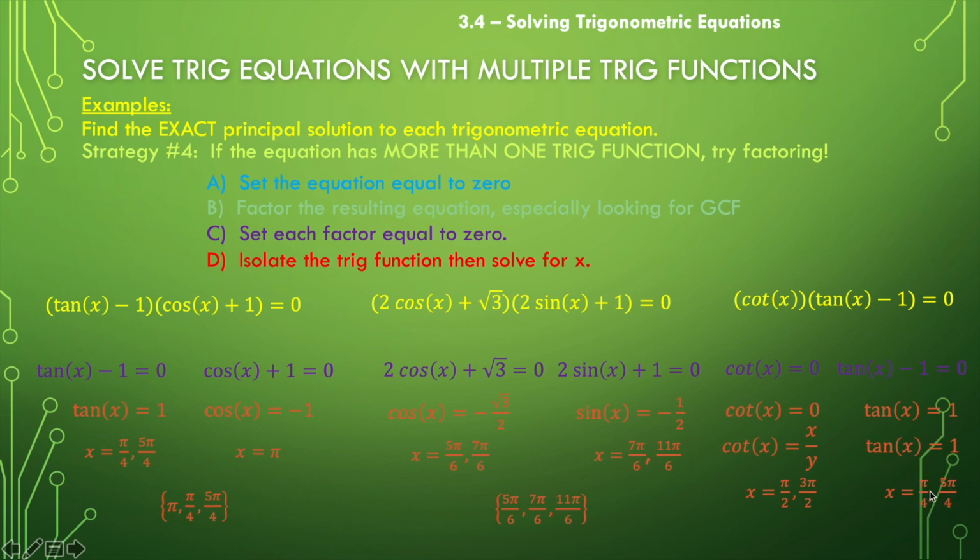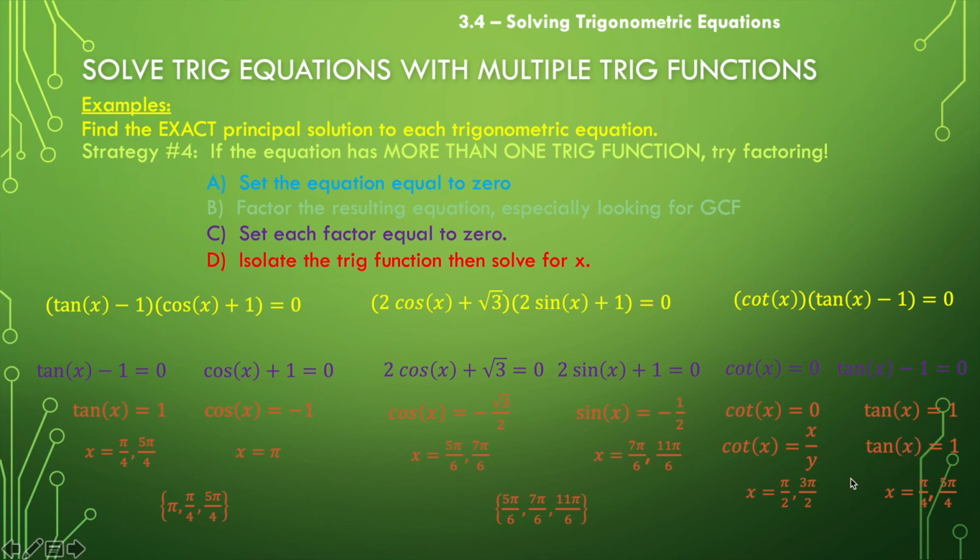Now let's consider tangent of pi over 2. At pi over 2, our coordinate is going to be (0, 1). And if I'm looking at the tangent, I'm looking at y over x, so that's going to be 1 over 0, which is undefined.